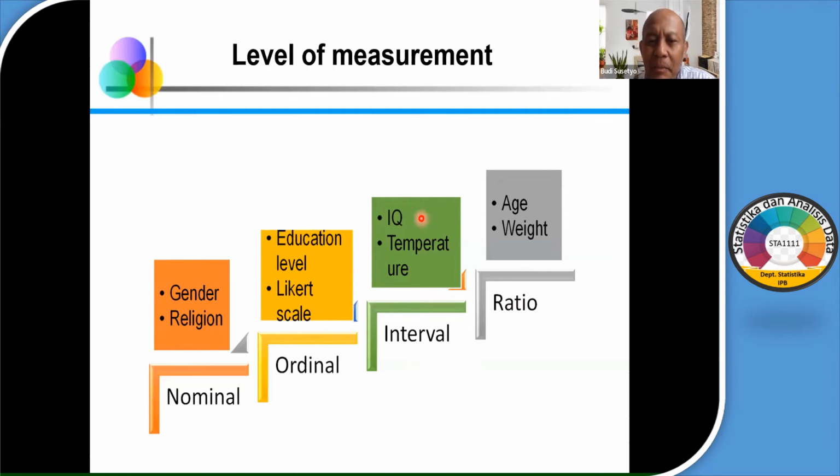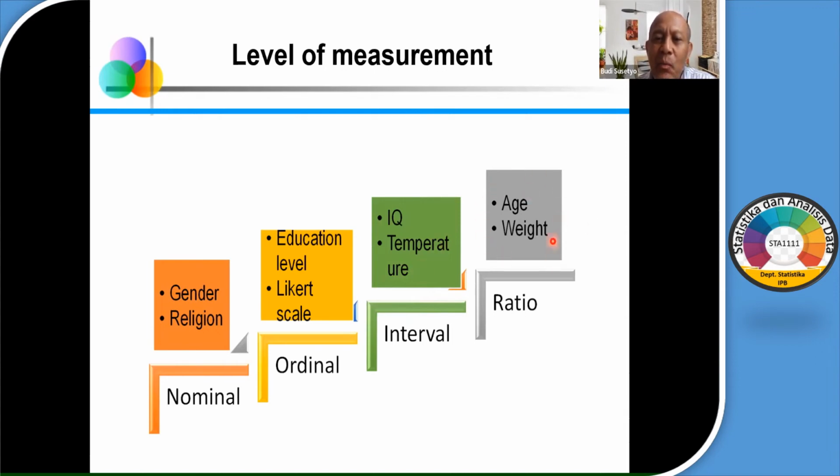And you can also calculate the difference of IQ, as well as temperature. For example, 80 Celsius is hotter than 40, but 80 is not twice hotter than 40. The difference is 40 Celsius.